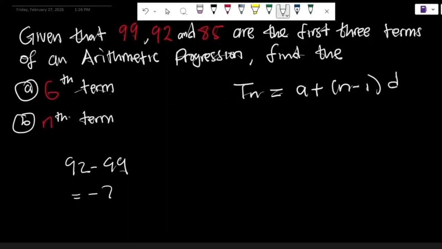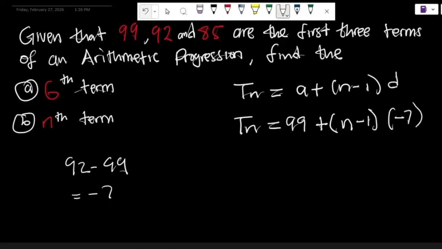We don't know the exact number for that, so we just replace n with n. The first term here is 99, plus (n minus 1), and the common difference is negative 7.